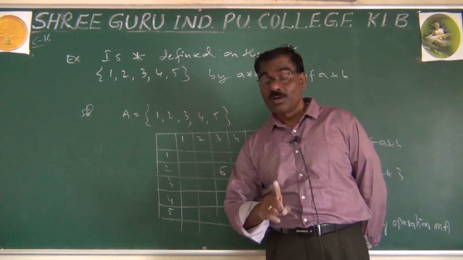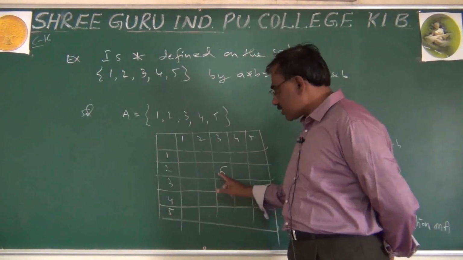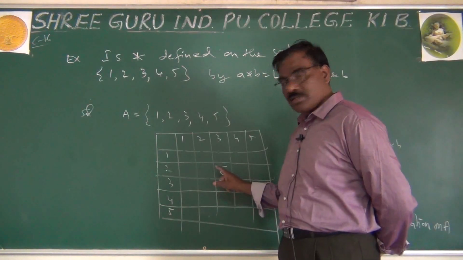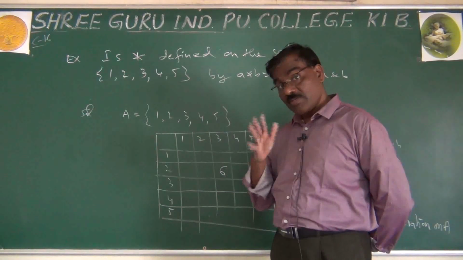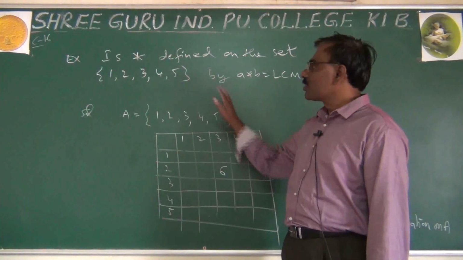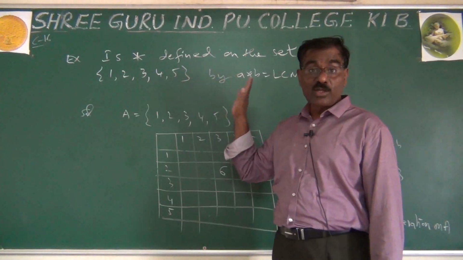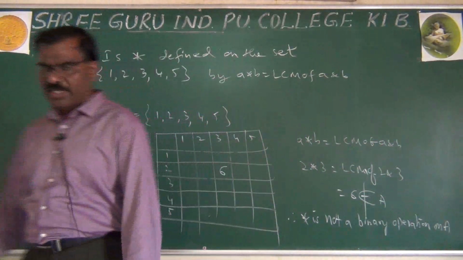That is called a binary operation. But 6 does not belong to set A, so star is not a binary operation here. This is a good example.